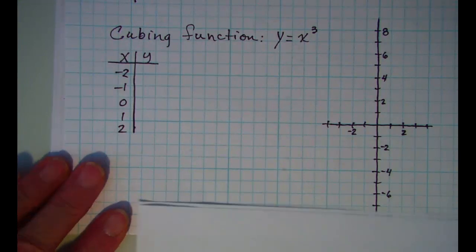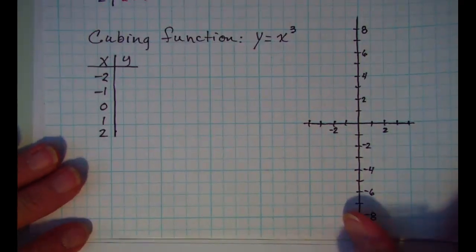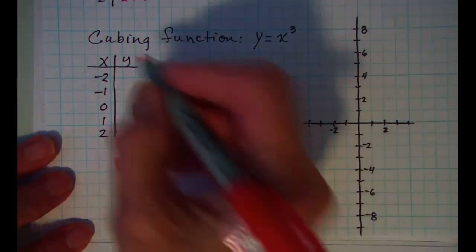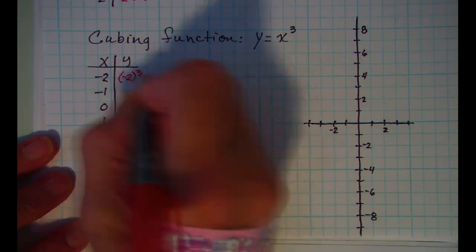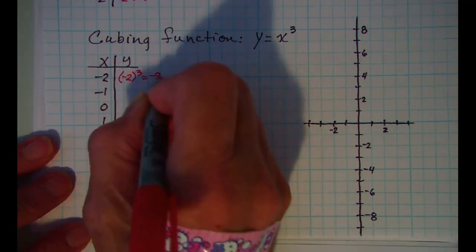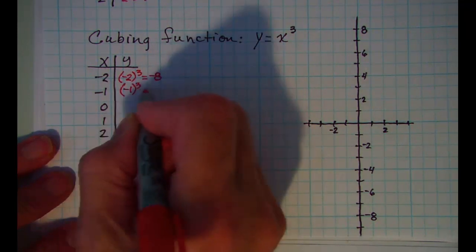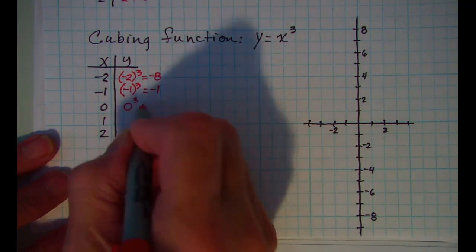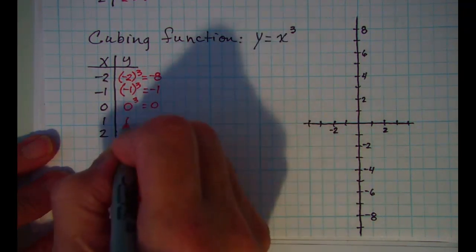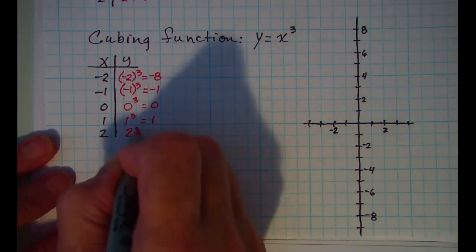Our next function is the cubing function, y = x cubed. If I cube -2, I get -8. -1 cubed is -1. 0 cubed is 0. 1 cubed is 1. 2 cubed is 8.